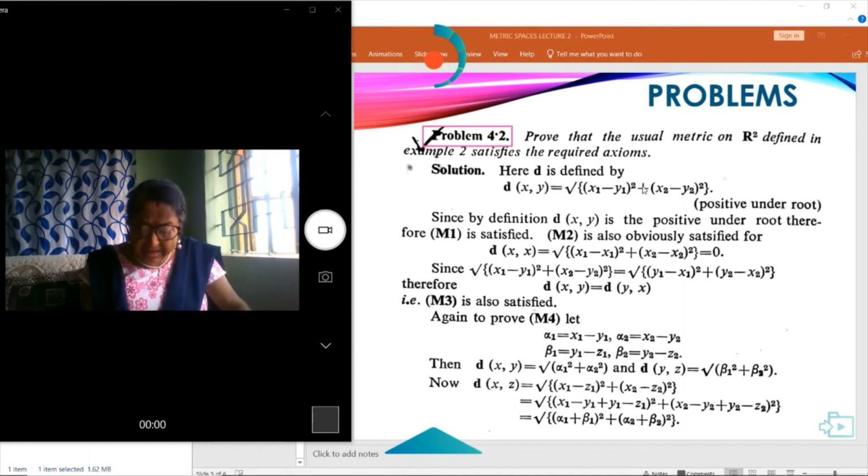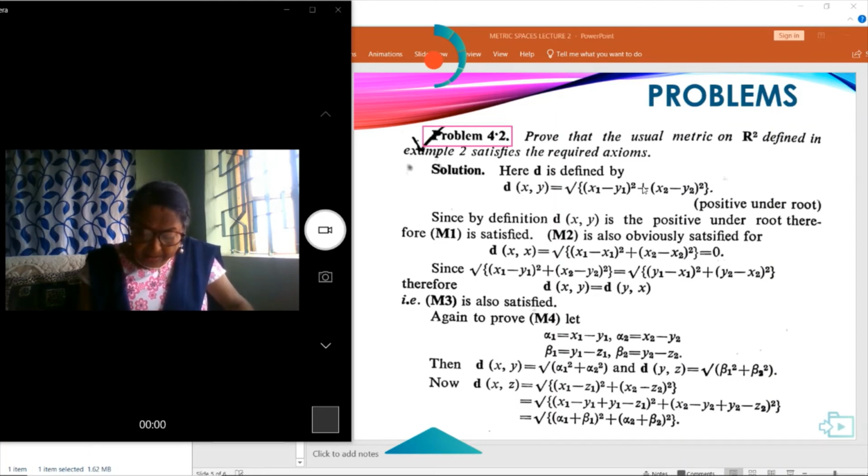Now d(x, z) is the root of (x1 minus z1) whole square plus (x2 minus z2) whole square, in which in the first case we add and subtract y1 and in the second case we add and subtract y2, and we get ultimately (alpha 1 plus beta 1) whole square plus (alpha 2 plus beta 2) whole square. Hence we can prove that d(x, z) is less than or equal to d(x, y) plus d(y, z).